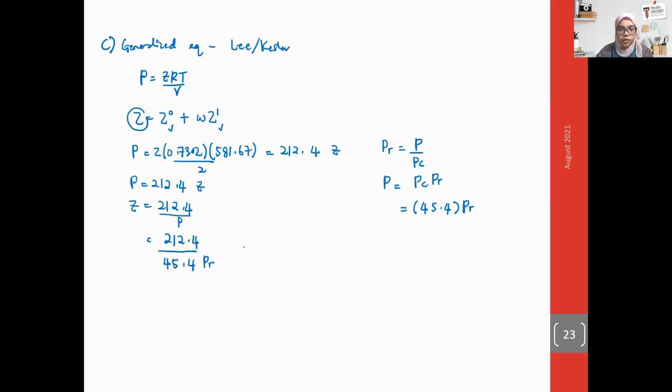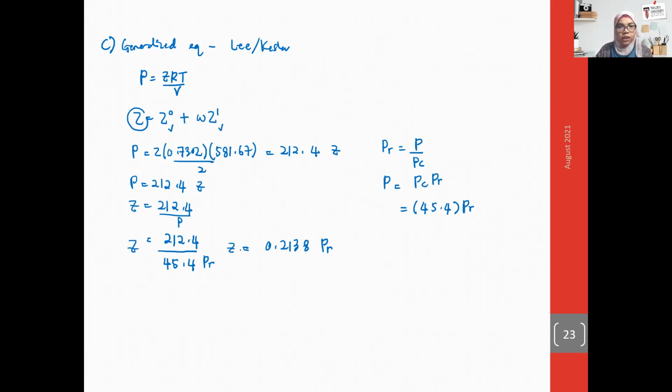Actually, we need to have this kind of correlation because we don't have the value of Z. So how can we correlate it?